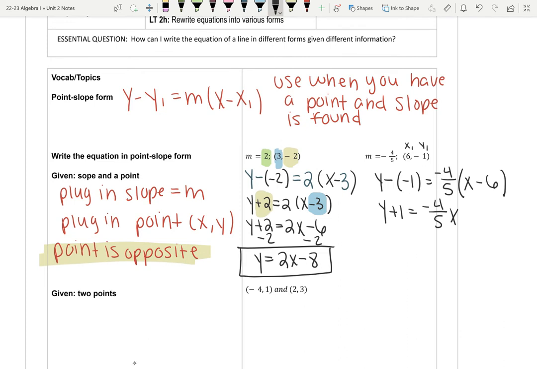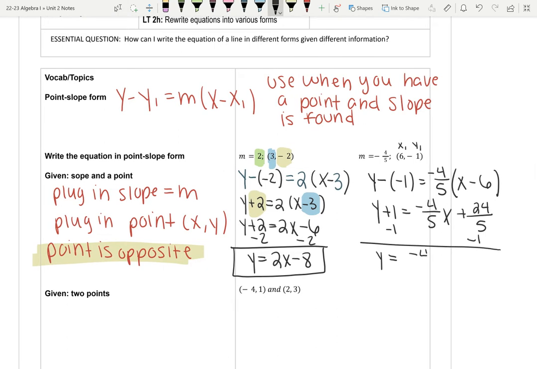And then when you multiply these here, you would get 24/5, a positive. Then I'm going to subtract 1 from both sides. Then I get y equals negative 4/5 x minus 19/5. And that is my answer for that one.